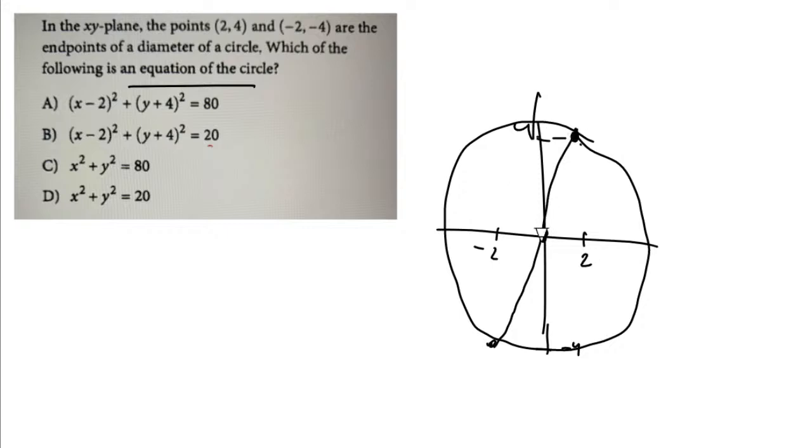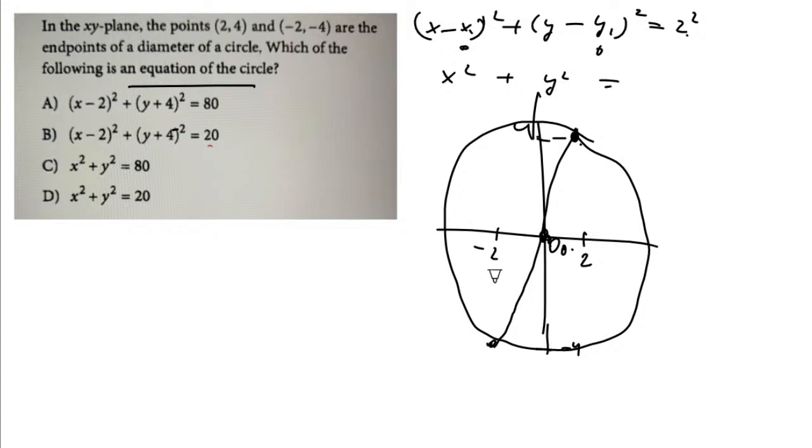So what do I need to know? I know that (x minus x1) squared plus (y minus y1) squared equals r squared. What I need to know is the center. So I found the center, that is 0, 0. So I get x squared plus y squared, and I just need to find the radius.